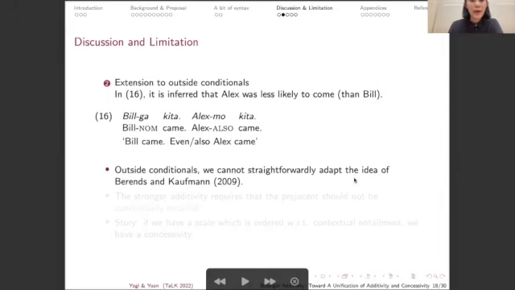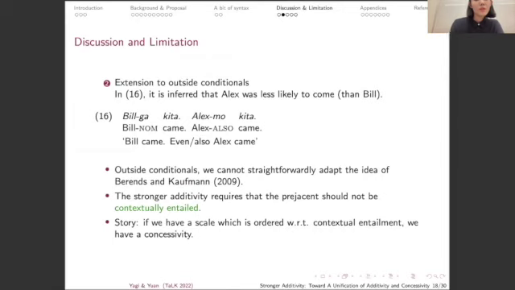So here we have a very rough idea. The idea is that we say that the strong additivity actually requires that the prejacent should not be contextually top-ranked. And here's the story. If we have a scale that is ordered with respect to contextual entailment, then we will get this concessivity.